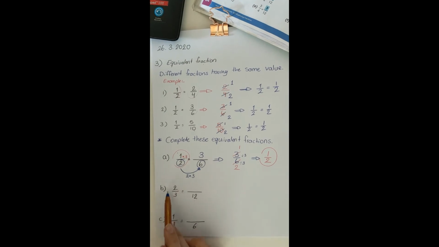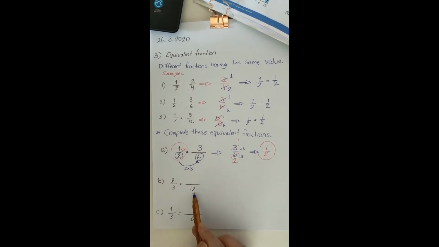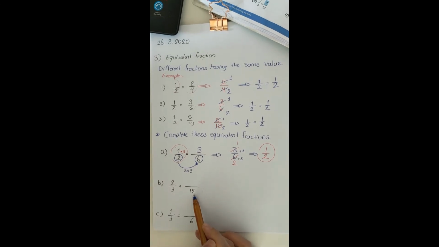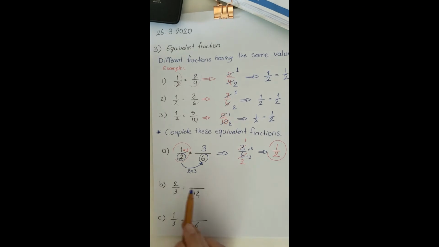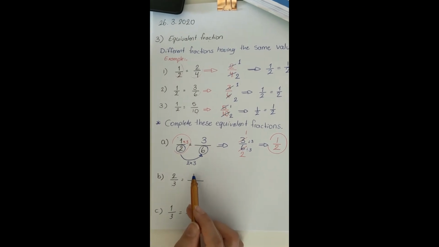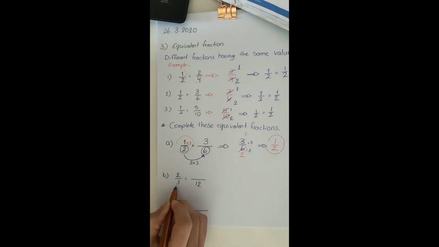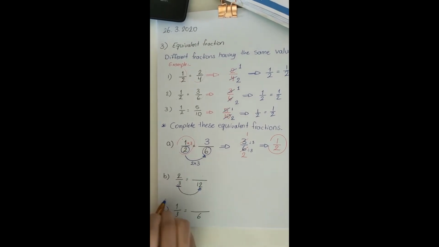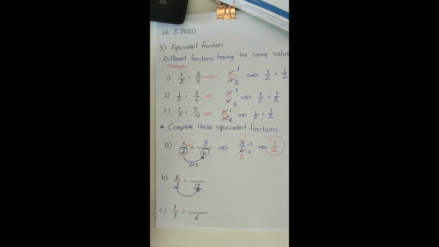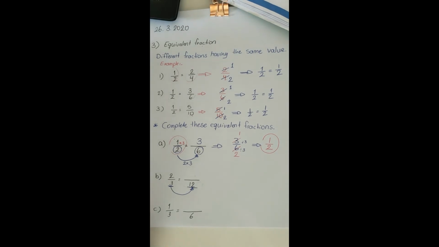I have here 3 as my denominator, and here I have 12 as my denominator. I am not looking at the numerator because here I have 2, but here I don't have any number, so I will find it. Now, I have 3 here. It became 12. How? 3 became 12.